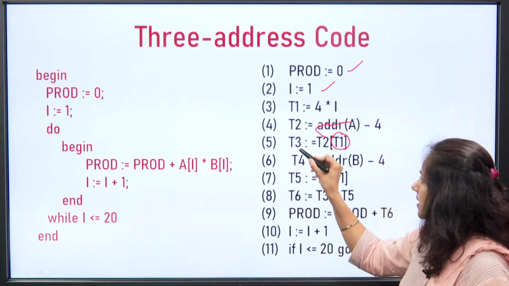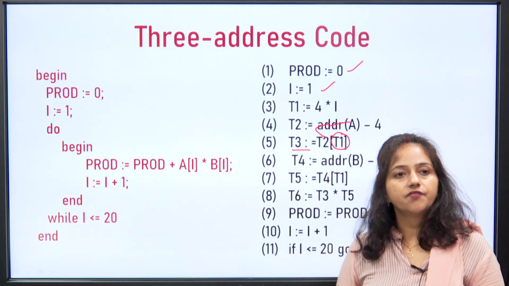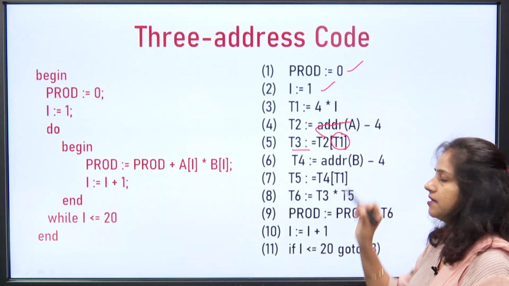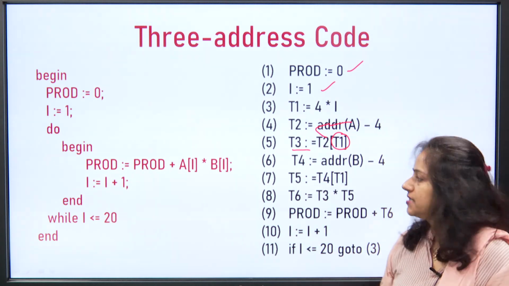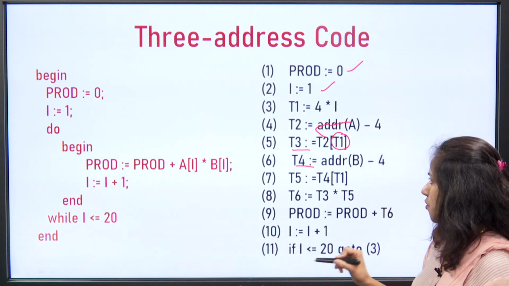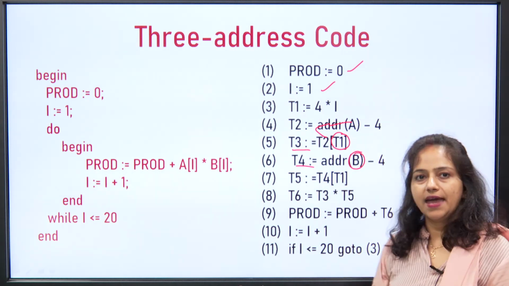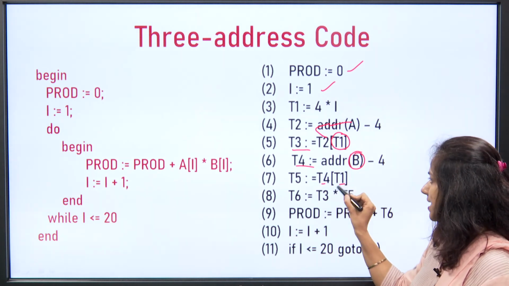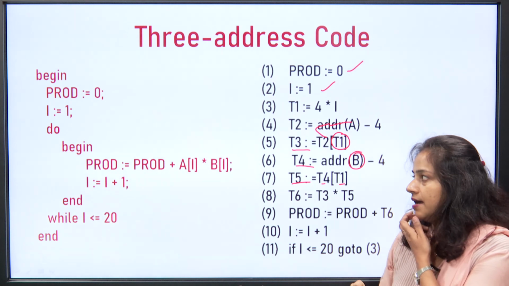So, we can take another variable T3, and T3 is equal to T2 at T1. Similarly, we can calculate T4 with respect to array B, and then the value of B at index T4 can be stored in T5.